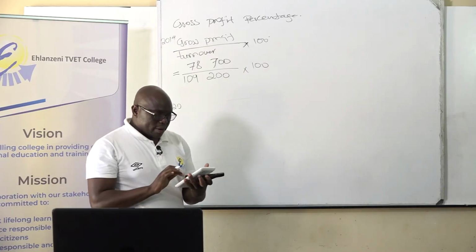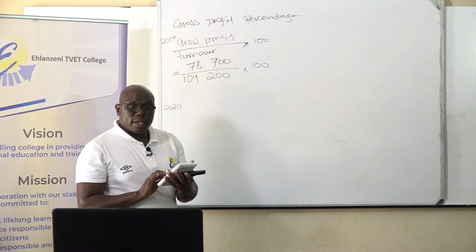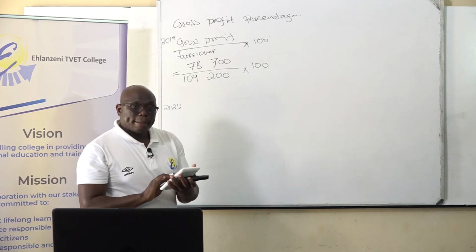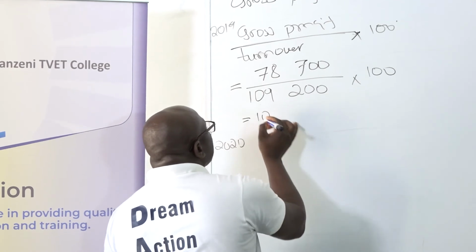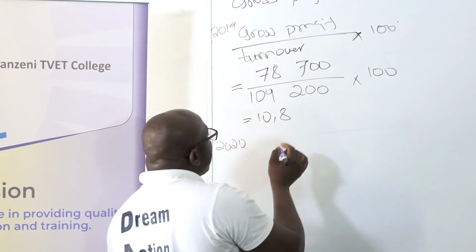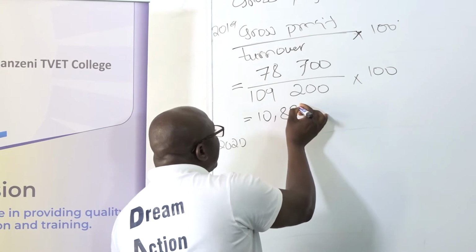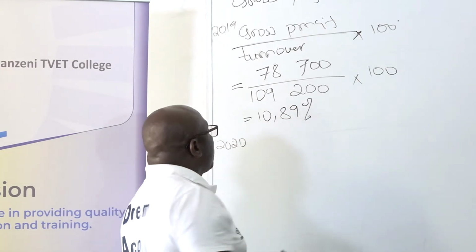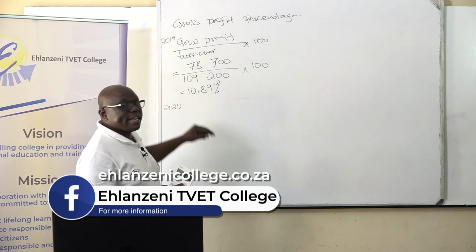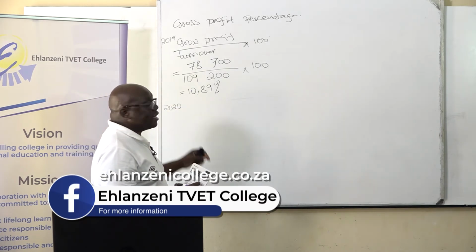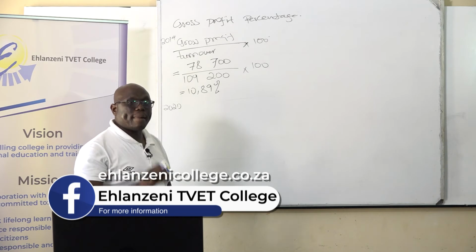So let's calculate. Then it's 10.89% for 2019.